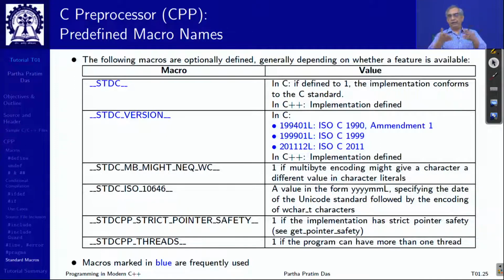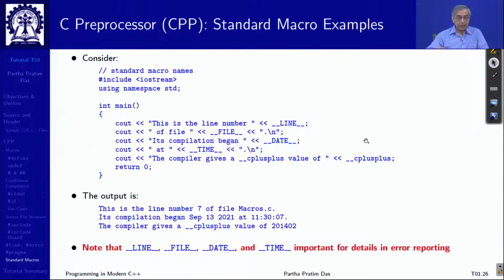Date and time are for if you want when it happened and so on, compiler gives that as well. Some of the other macro names involve versioning of C, different version numbers, how they are available and so on and so forth, not frequently used, but versioning of C and C++ is important, because you will need to know what particular version you are using.